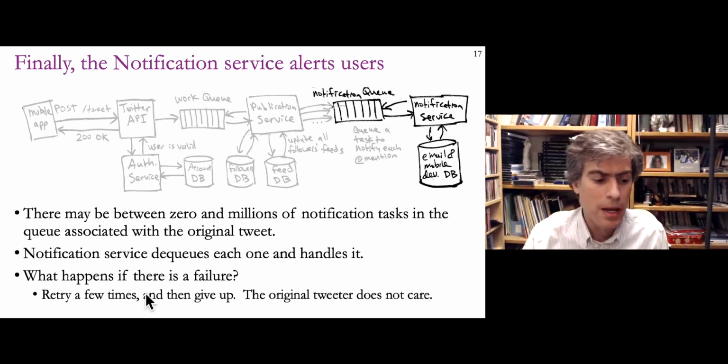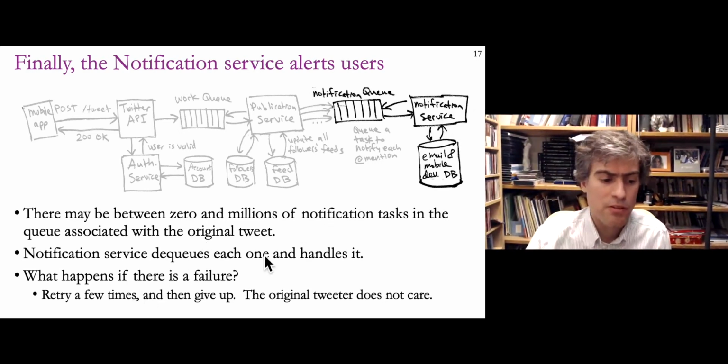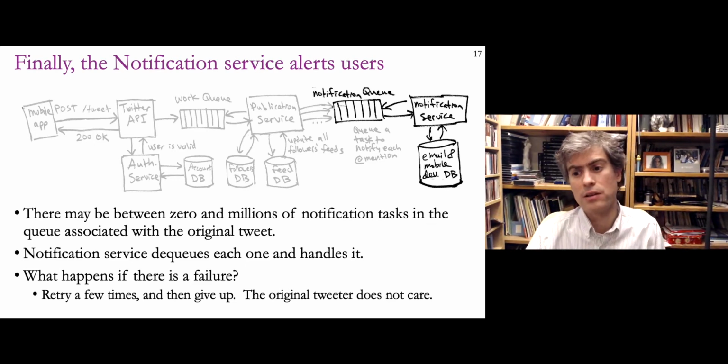All right. Now, what happens if there's a failure here? For example, if we try to send an email to the user and the email bounces back, I guess it would take a while for that to happen, but maybe more simply, let's say we try to send a push notification and the push notification server tells us that user ID is no longer valid.